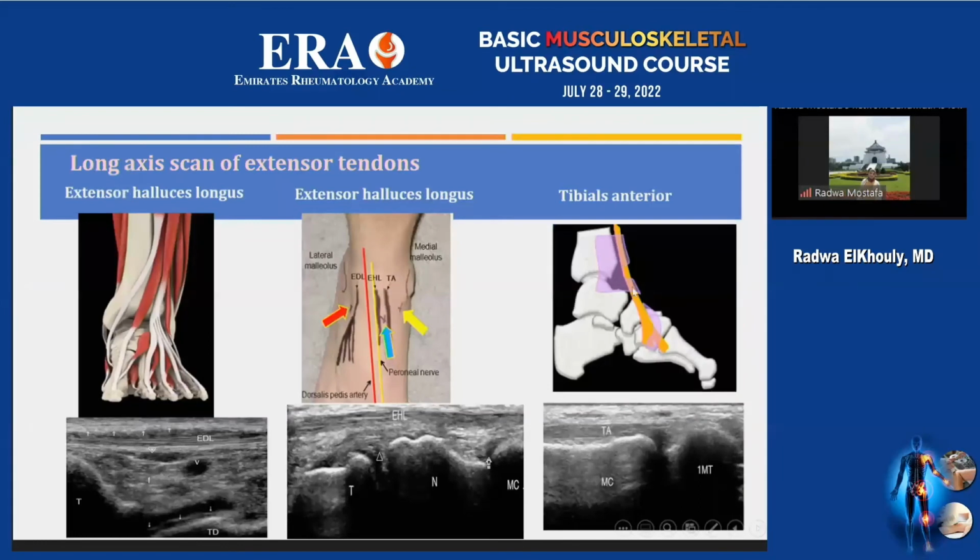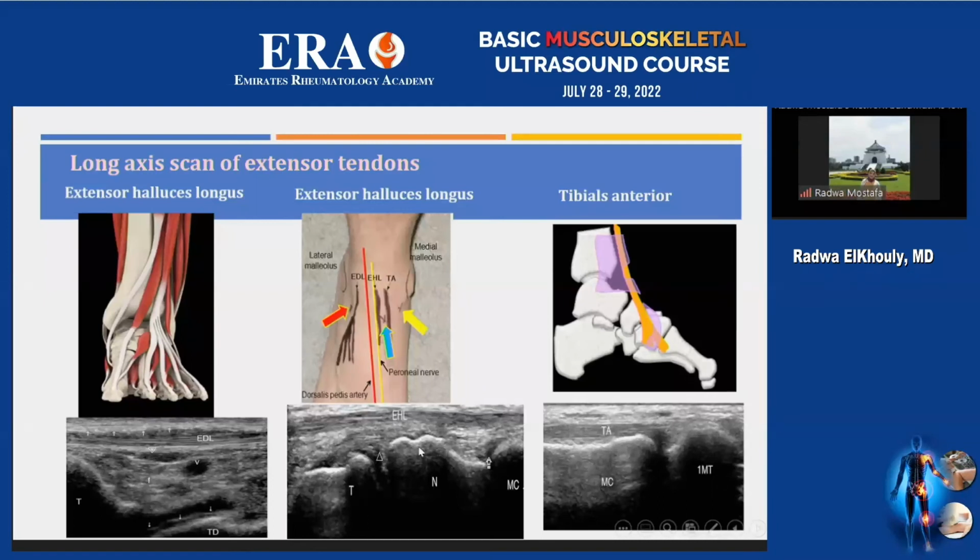We have the tibialis anterior tendon, which inserts into the medial cuneiform. The tendon appears as a hyperechoic fibrillar line above the medial cuneiform to its insertion on the medial cuneiform and first metatarsal. Going slightly lateral, we see a hyperechoic fibrillar line, which is the extensor hallucis longus, to its insertion.